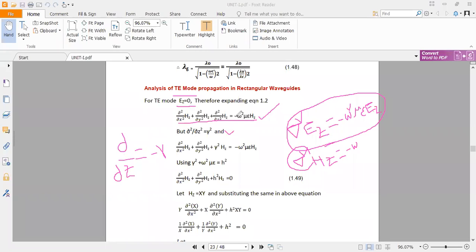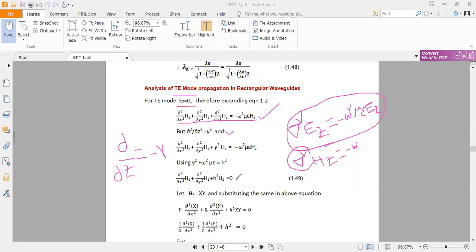If I substitute gamma square in this expression, you are going to get this expression. If you take this term to the left hand side, the expression becomes gamma square plus omega square mu epsilon times Hz. If you take Hz common, you are going to get h square. So this is the 1.49 expression you can write.